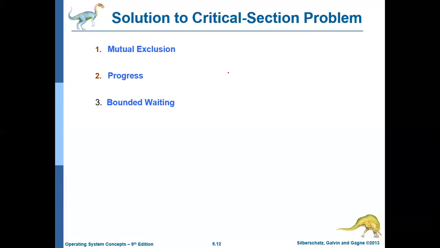Progress means if no process is in the critical section and some process wants to enter, then the decision whether the process should be allowed to enter the critical section or not should not be postponed indefinitely. And bounded waiting should ensure that a process which currently comes out of the critical section gets the critical section again only after other waiting processes have got the critical section.